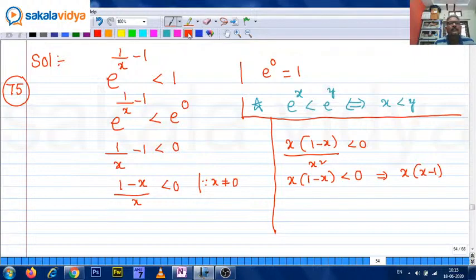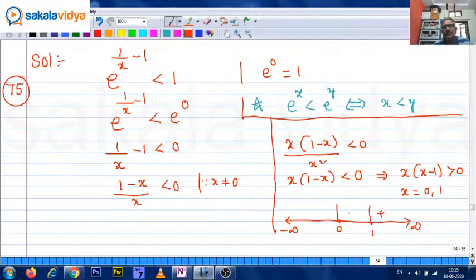Wait, I made a mistake. Greater than 0. Critical points are 0 and 1. Take the number line. This is negative infinity. This is positive infinity. 0 and 1, so intervals like this.